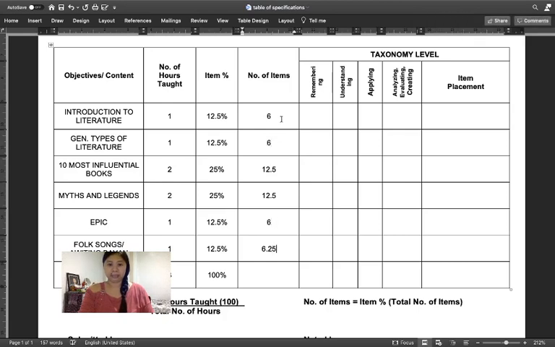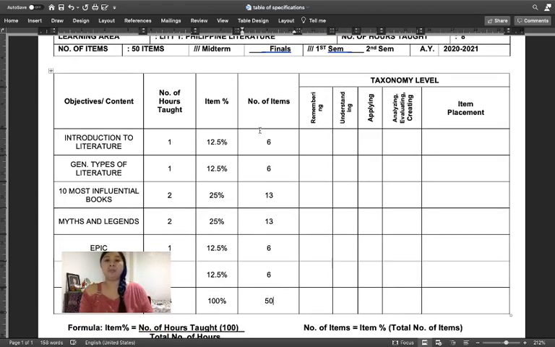Then 12.5 will be rounded up to 13. And then 13 also. If you add all of these up, 6 plus 6, 12, plus another 12 at the bottom, that would be 24, plus 13 plus 13, 26. 24 plus 26 is 50. So we matched.